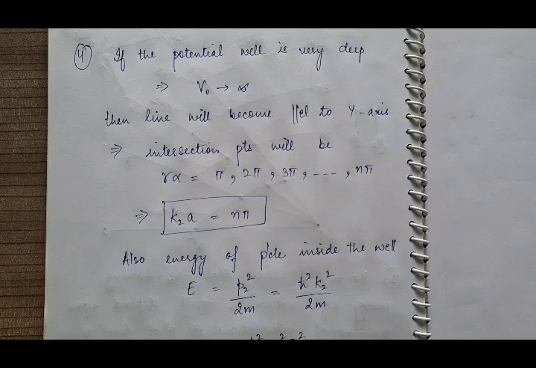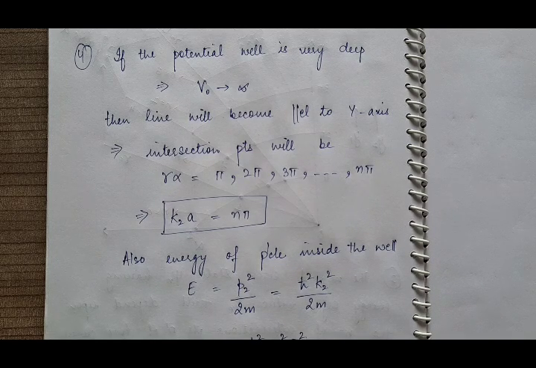Then the last conclusion is, if the depth of the potential is very high, suppose it approaches infinity, then what will happen? When V0 approaches infinity, it means at that time slope gamma will approach infinity. And when slope gamma will approach infinity, how will the y1 versus alpha plot be? It will be a line which is parallel to the y-axis.